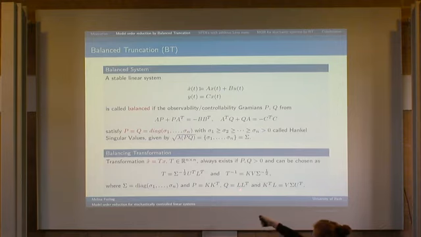For P and Q, you take the Cholesky factors L and K, multiply them together like this, and do the singular value decomposition. So that comes back to your question: if P and Q are the same, then the Hankel singular values are just the singular values. So you do a singular value decomposition, and then you use these transformation matrices T inverse like this.